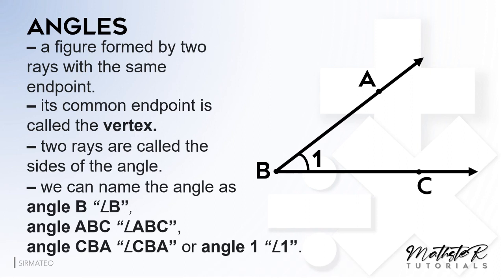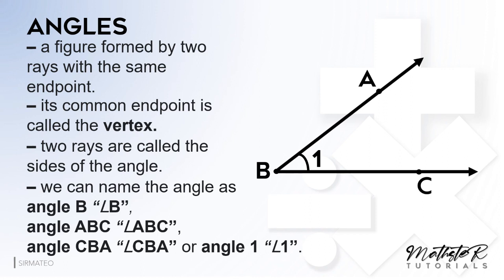So we can name the angle as angle B dahil siya yung ating vertex or common endpoint ng ating angle, or pwede rin natin siyang pangalanan as angle ABC, or in symbol para siyang yung capital letter L na naka-italic or naka-slant. So angle ABC, or pwede rin naman natin siyang baliktarin as angle CBA. Okay?